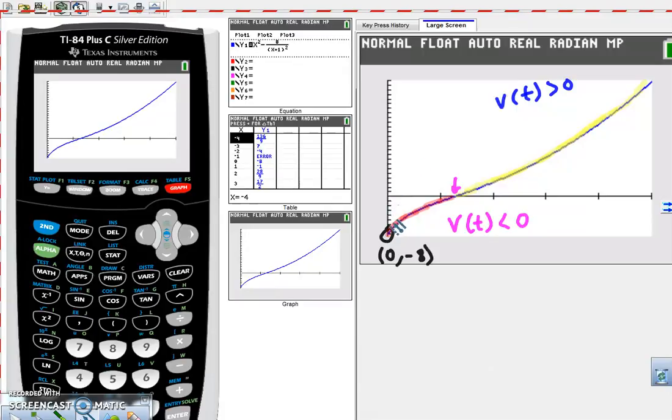Now what I want you to look at is the slope. So let's look at the slope of the graph of this velocity function. And if you notice, I'm just picking random places, the slope is positive throughout.